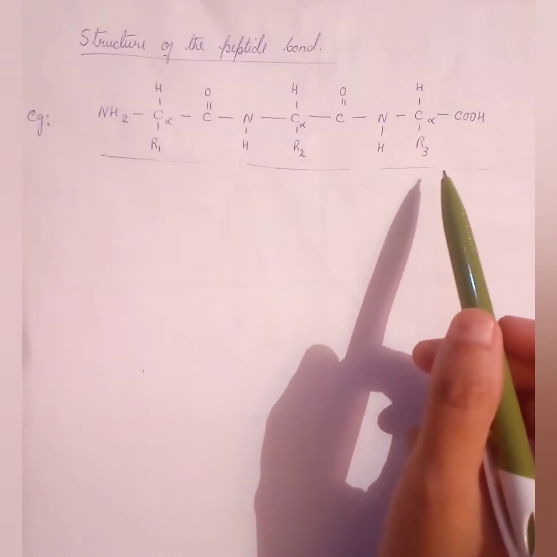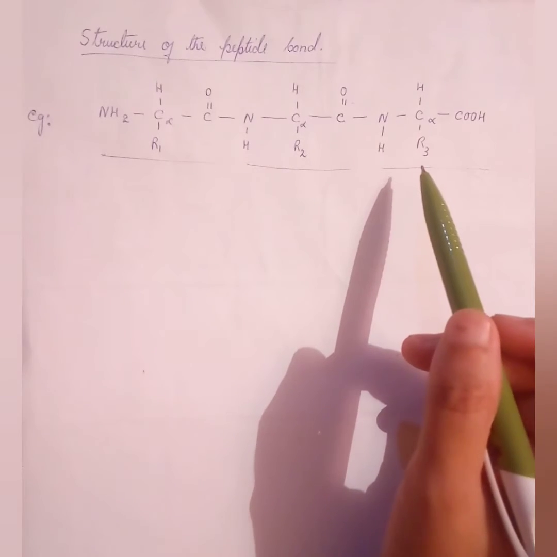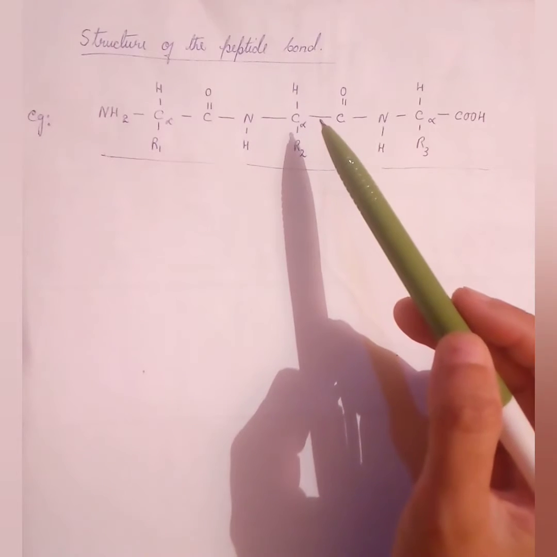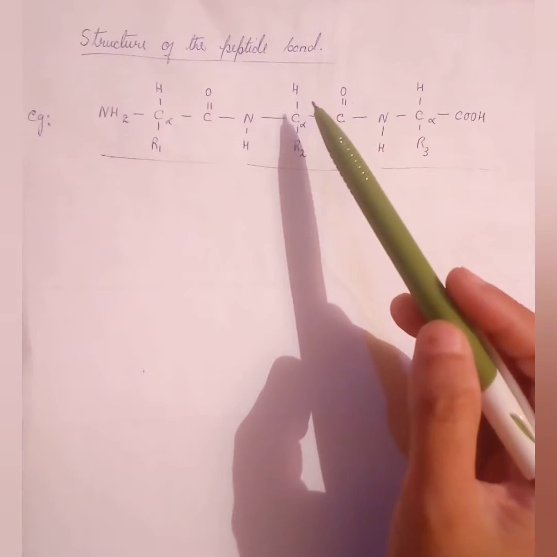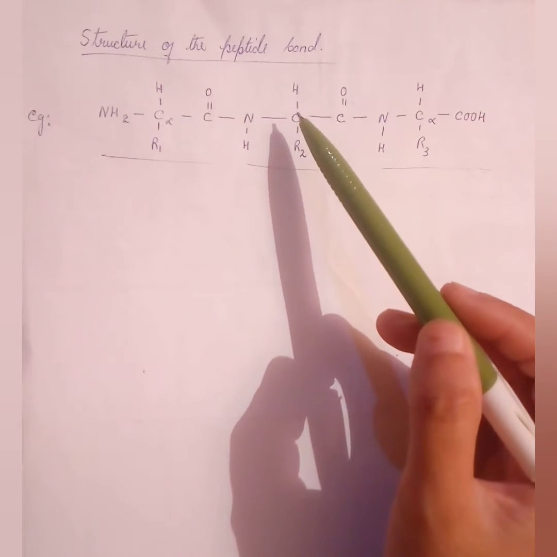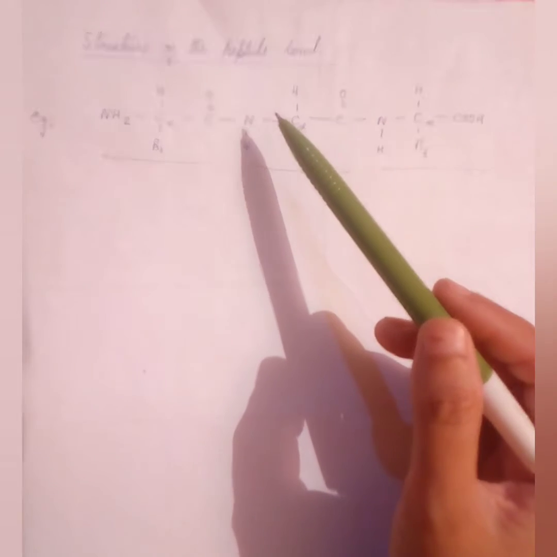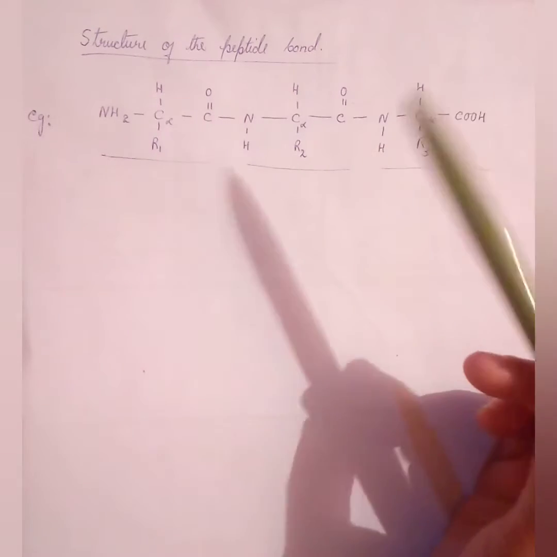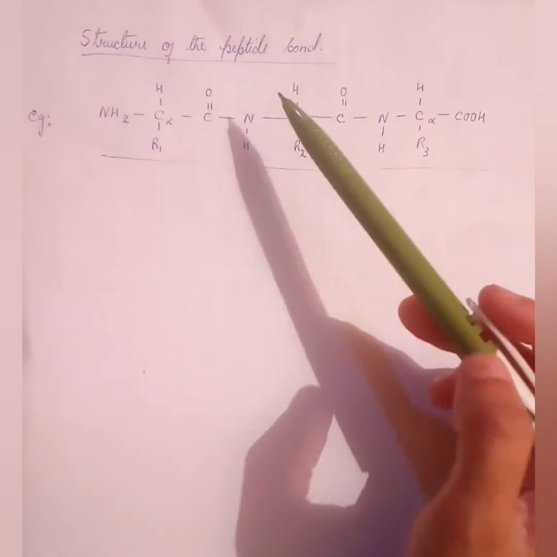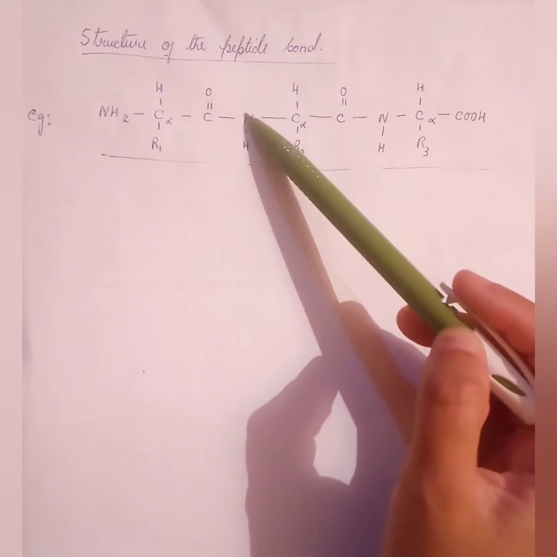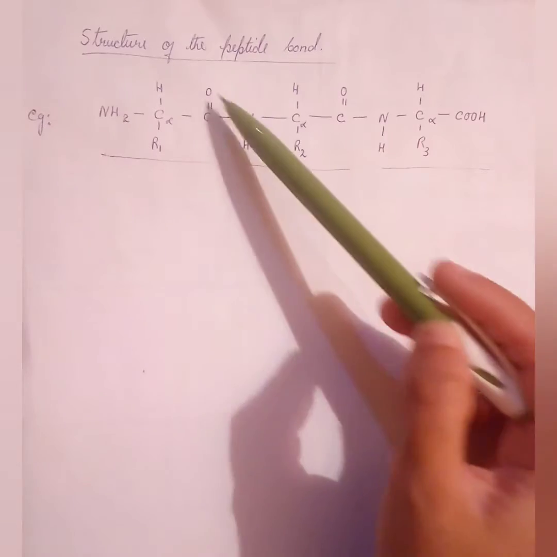Now in this tripeptide, we have to remember the geometry of the peptide bond. It shows that the carbonyl oxygen and the amide nitrogen are trans to each other.